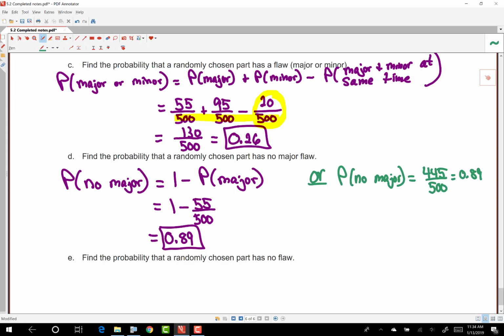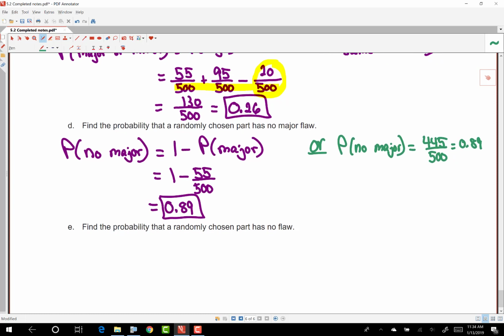All right, and then finally for part E, find the probability that a randomly chosen part has no flaw. Well, the probability of no flaw, this is probably an example where it might be easier to use a complement, which would be 1 minus the probability that it has a flaw.